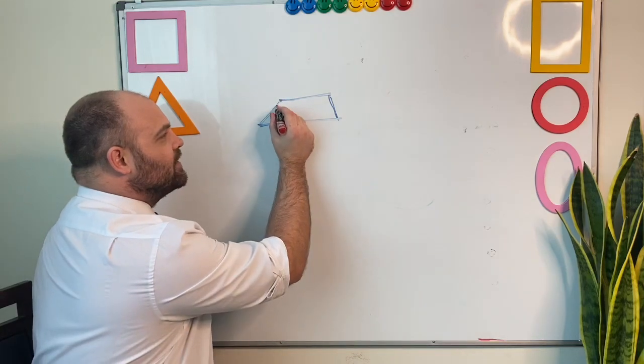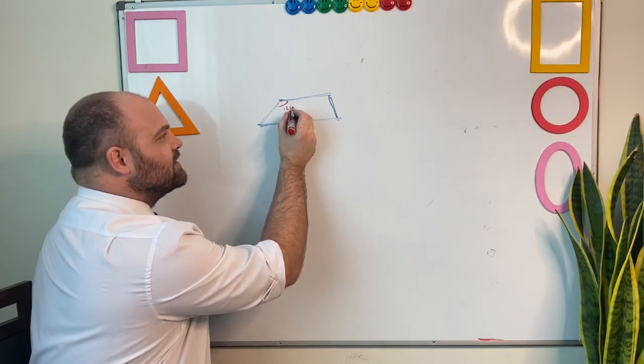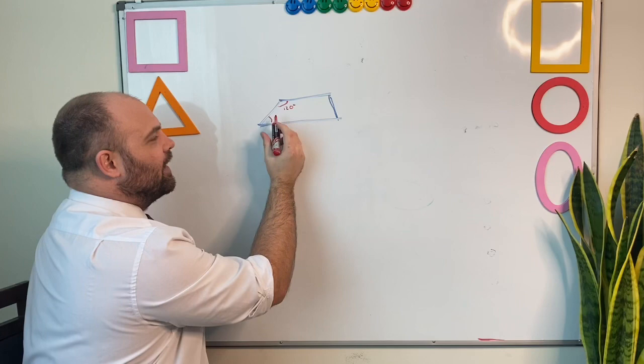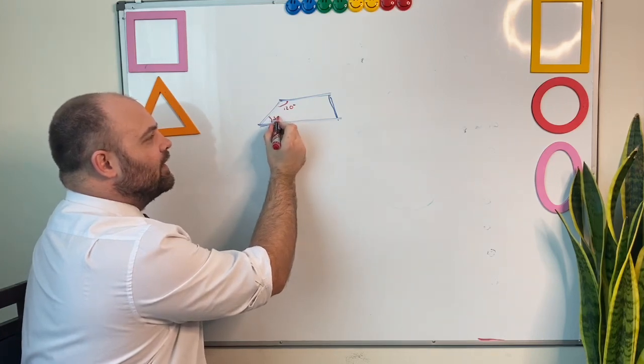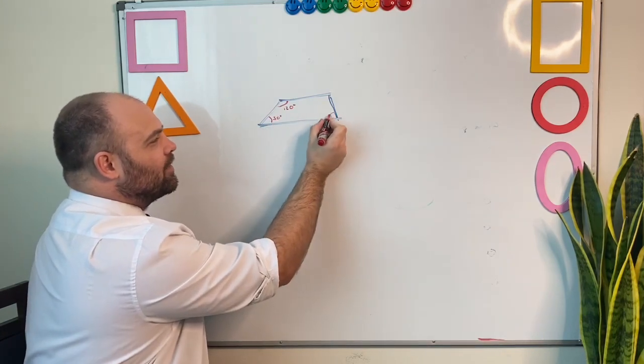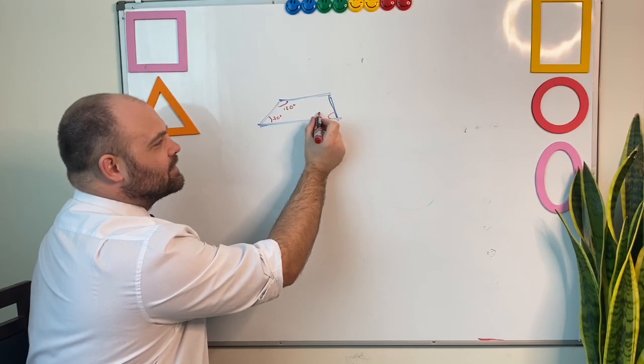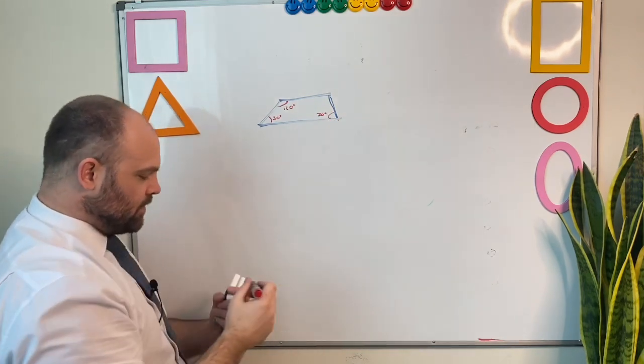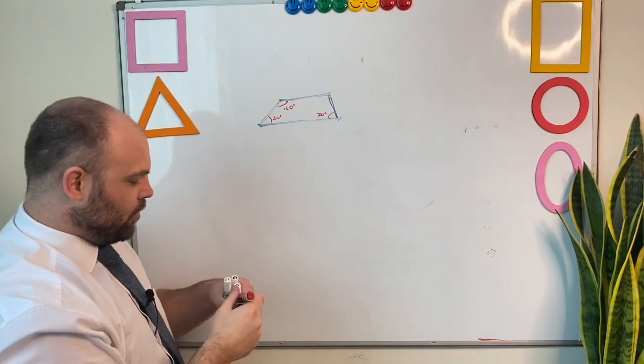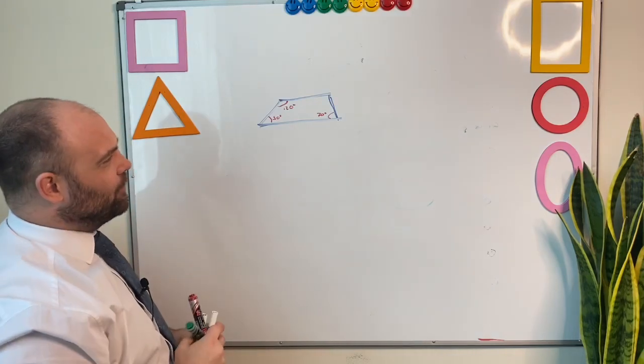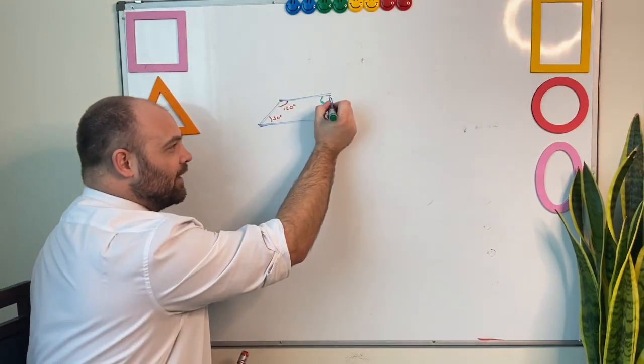So if I have this angle here as 120, this angle here is 50, and this angle here is 70, all degrees, what is going to be the value of this missing angle?